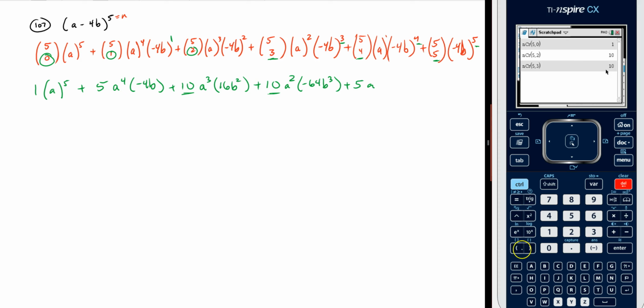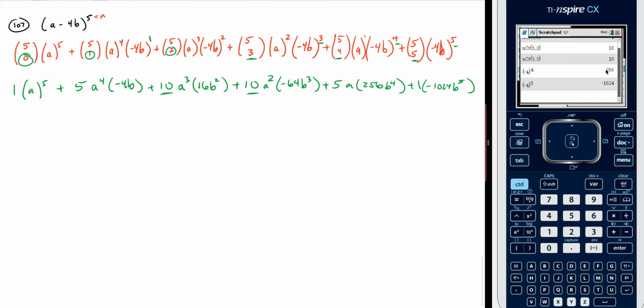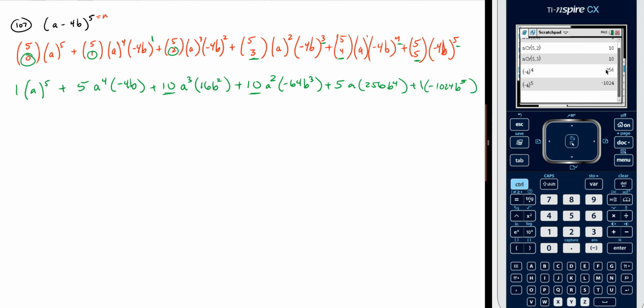Make sure we put it in parentheses so we don't forget our negatives, is 256b to the fourth, and then my last one, 5 choose 5 is a 1, and negative 4 to the fifth is negative 1024b to the fifth. So I've got that, and now I can go ahead and simplify everything completely.